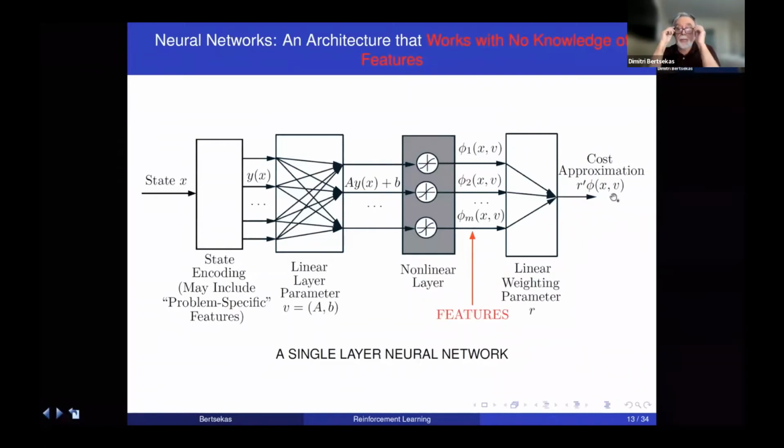Okay, so out here is the weighted sum of these nonlinear features weighted by the components of the parameter r. And that's what the single layer neural network is, and that's how we use it for training. Now we're going to get back into this figure shortly, and I'm going to leave it here with just this introduction. So are there any questions before we go into the video?